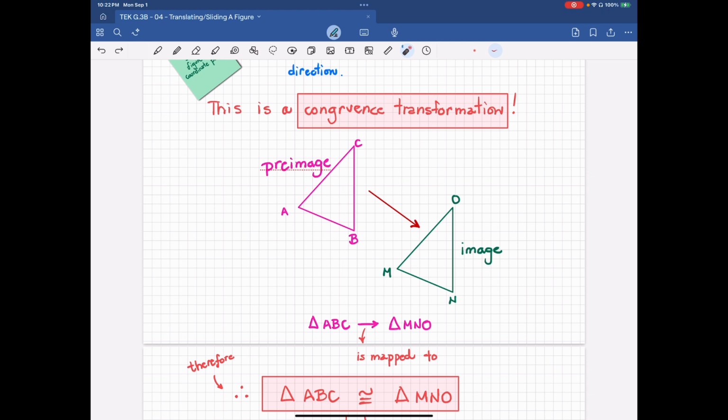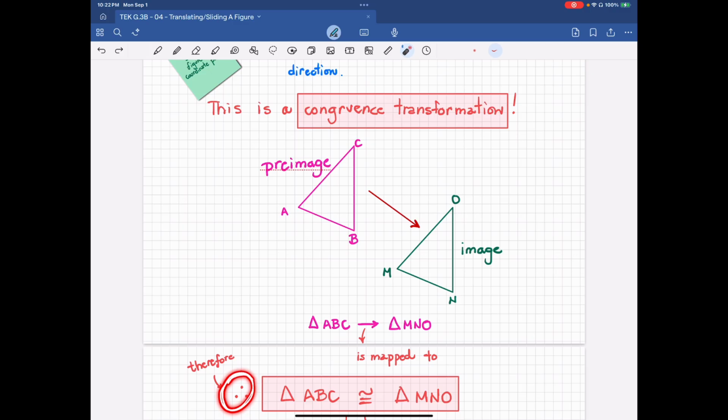Since the two triangles are a congruence transformation and they have been mapped one to the other, I can say that these two triangles are congruent. So I know that triangle ABC is going to be congruent to triangle MNO.